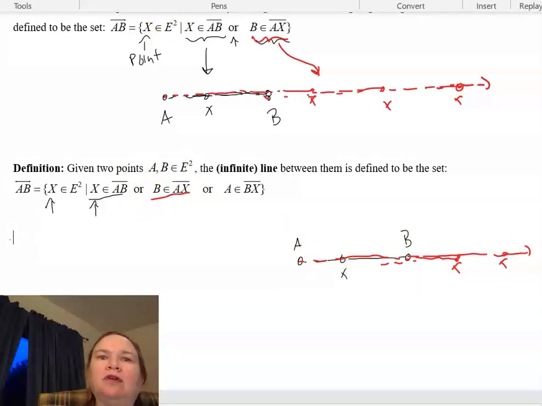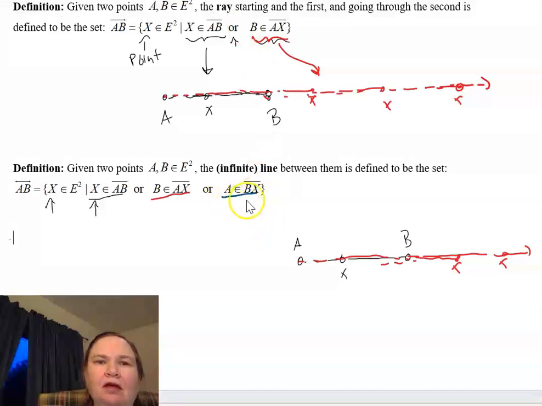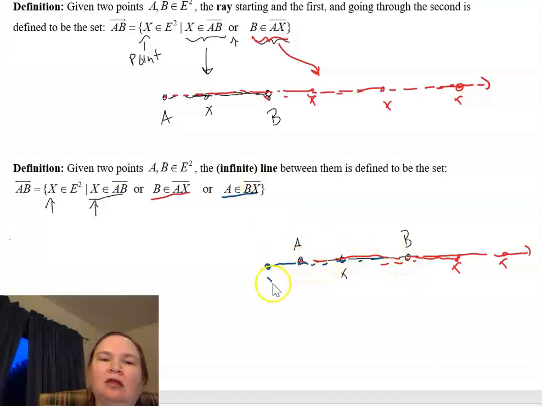And let's see if I can find another color. Also, all of the points X where A is on the line from B to X. So if I'm looking at the line from B to X and I want it to go through A, then X would be out here somewhere. So all of those points are on the line.